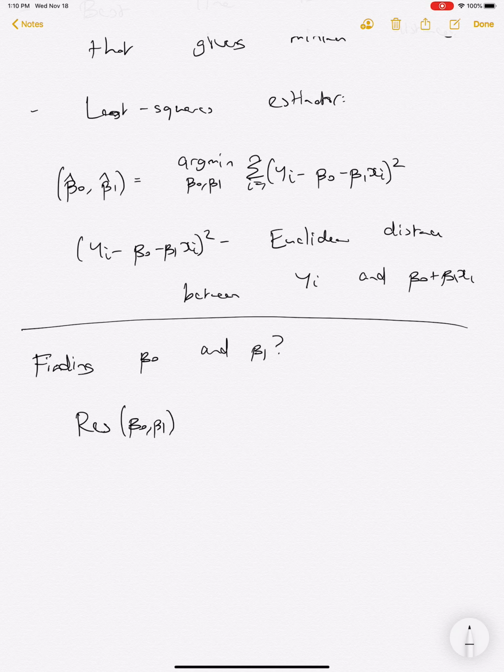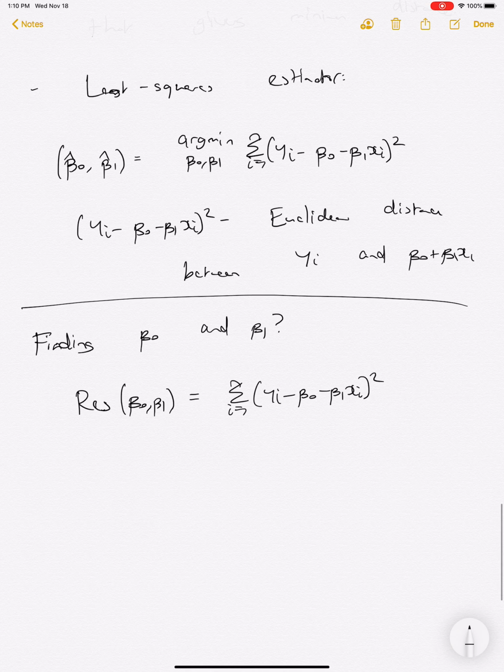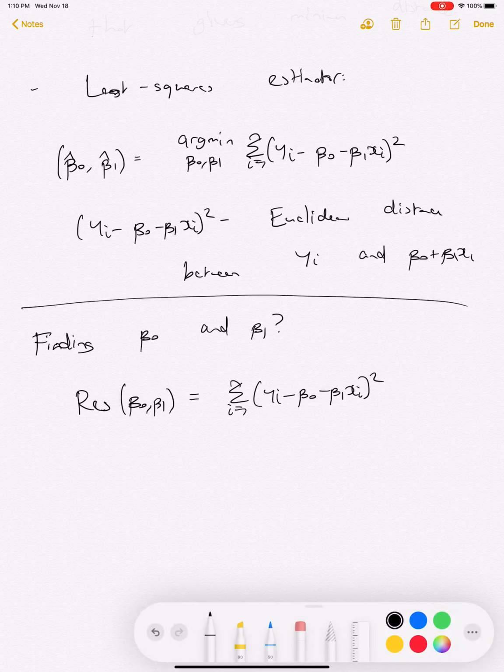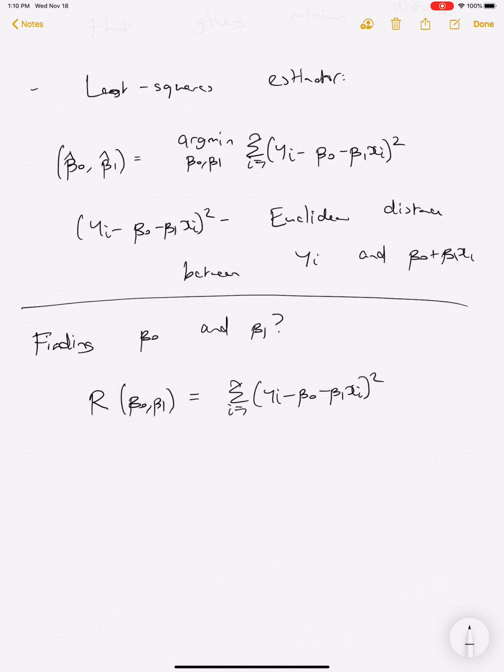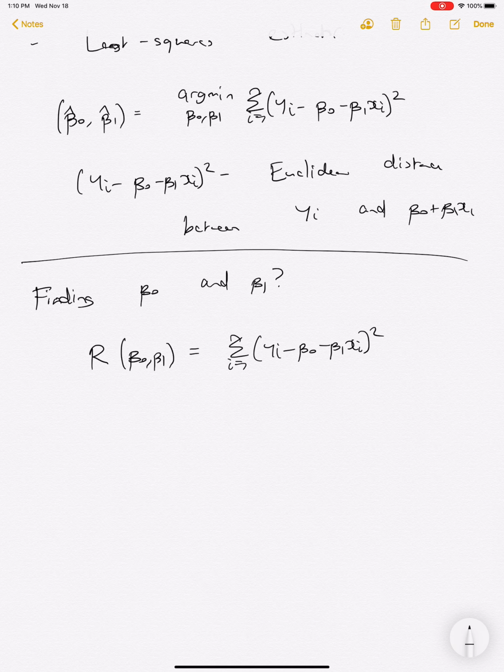So you're going to call this whole objective the residuals, which is a function of beta 0 and beta 1. Let me just shorten the notation and say this is R of beta 0, beta 1, because it's kind of the residual, what's left over.